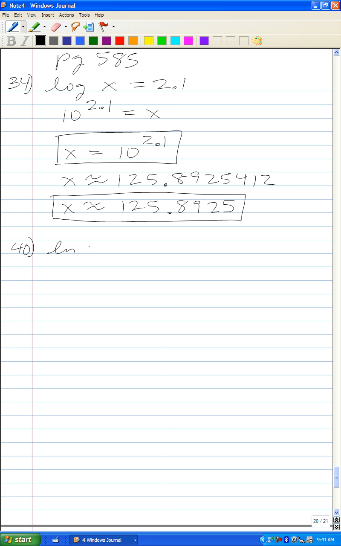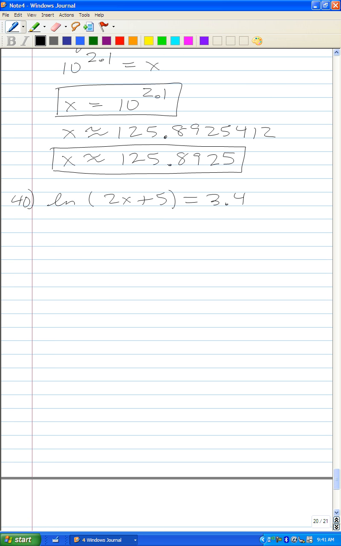ln of 2x plus 5 equals 3.4. And so let's rewrite this in exponential form. The base is e, exponent is 3.4, result is 2x plus 5.